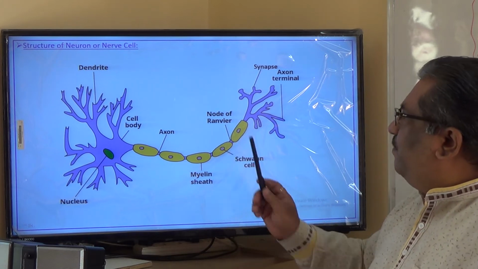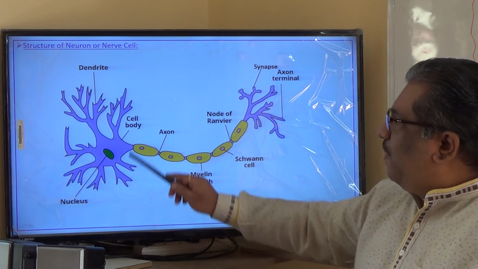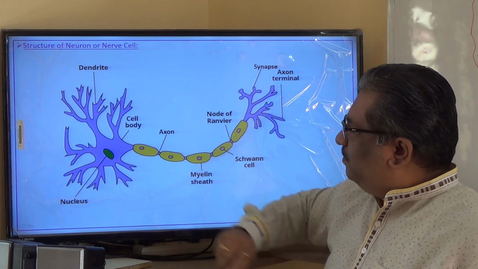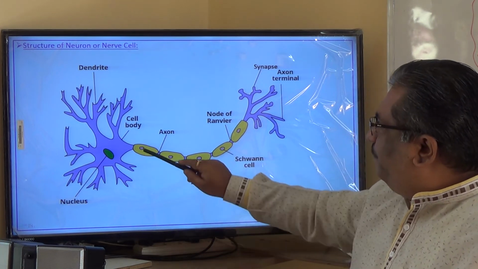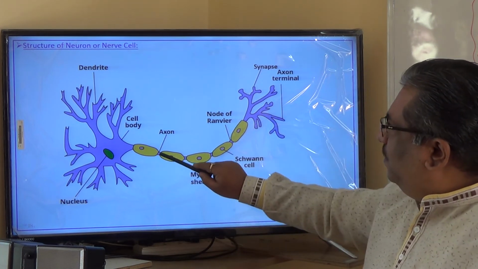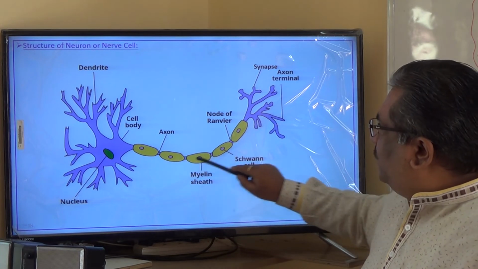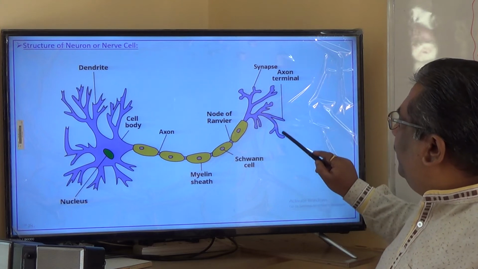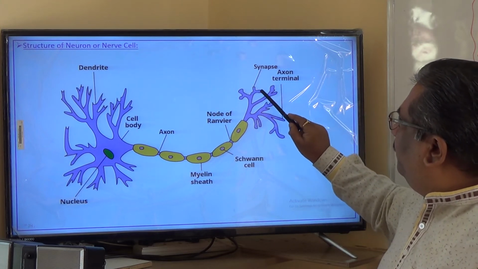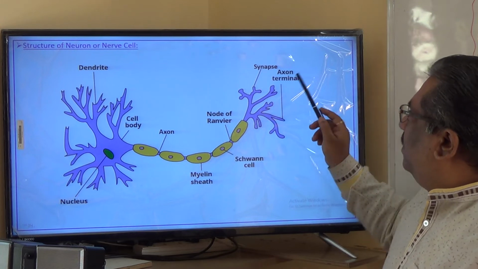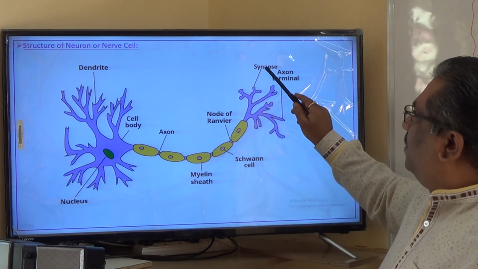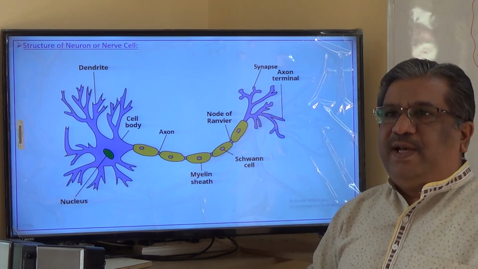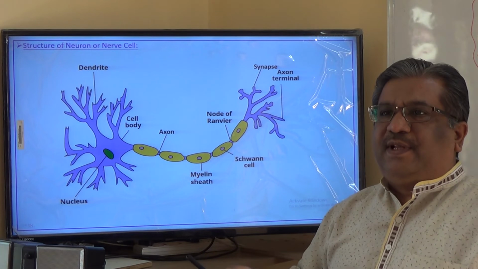So these are the different parts of the nerve cell: cyton, cell body, dendrites, nucleus, axon, myelin sheath, Schwann cells, nodes of Ranvier, axon terminals, which are also called nerve endings, and synapse, a small gap between the nerve ending of one neuron and the dendrite of the next neuron.